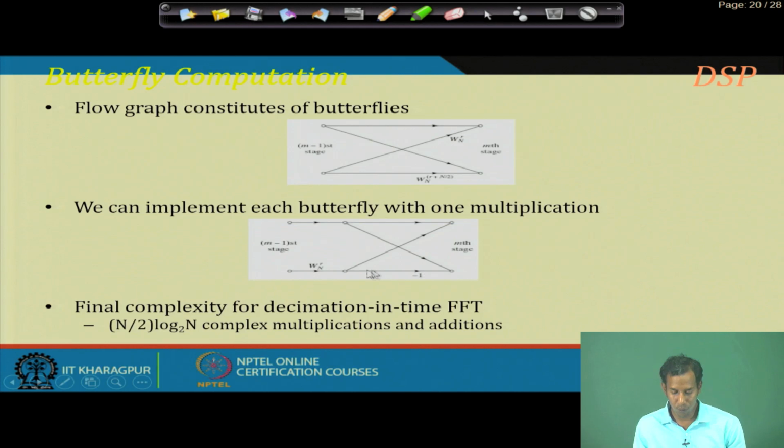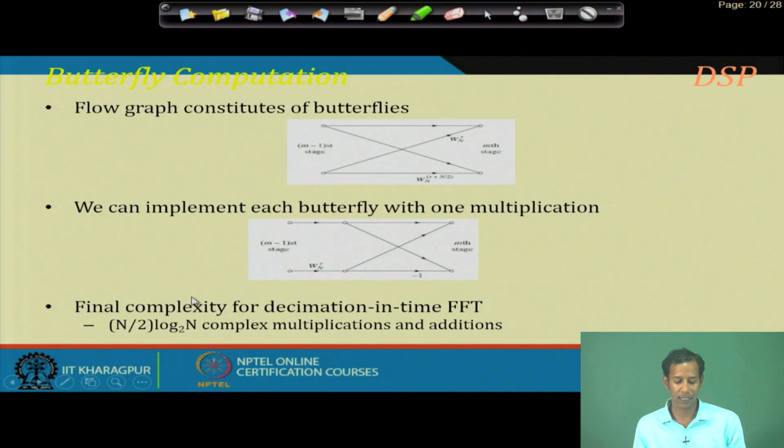If we know n, we know the values of W n to the r and W n to the r plus n by 2. From there we know that for the lower branch this value will be -1 and this value will be 1.